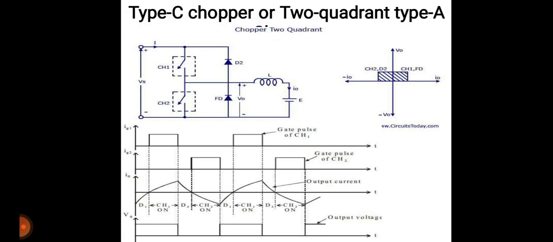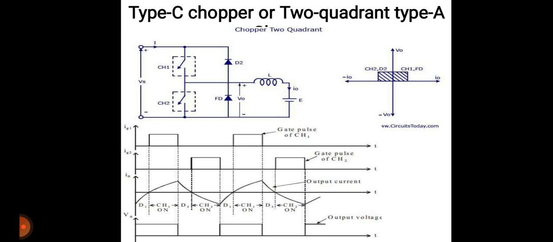Likewise, CH2 and D2 operate together as type B chopper in the second quadrant. Now the average load voltage is always positive, but average load current may be positive or negative as explained above.